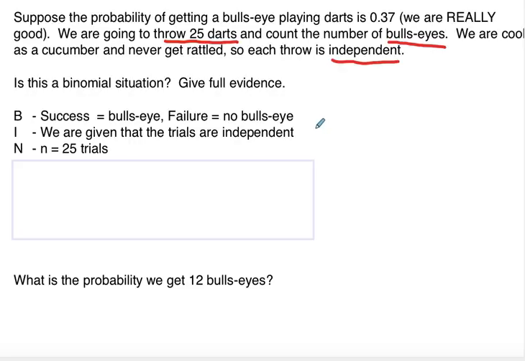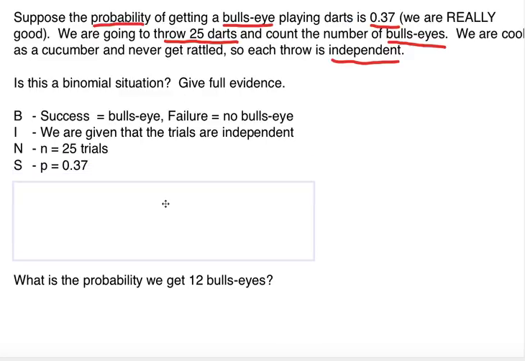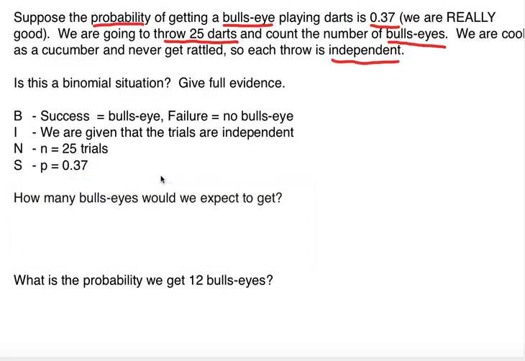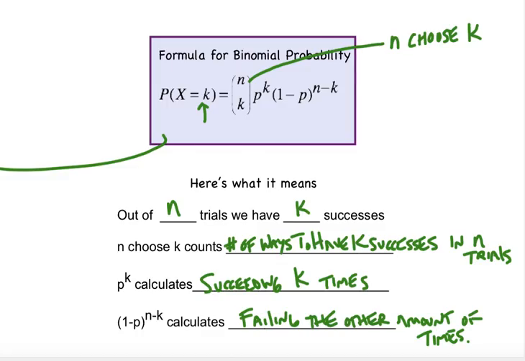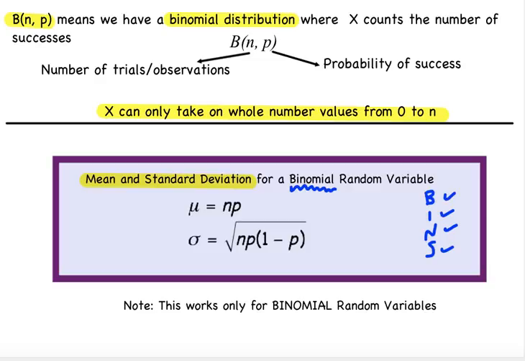Do we know what the probability of getting a bullseye is? Yep, they told us it is 0.37. So that's the probability of a success. So BINS checks out. This is definitely binomial. Then we can unlock any of these formulas.